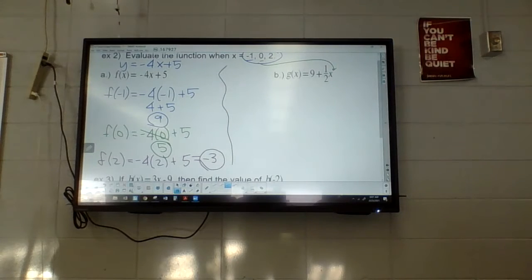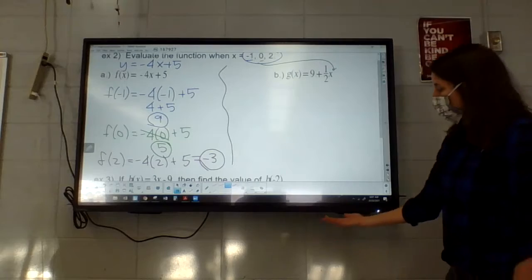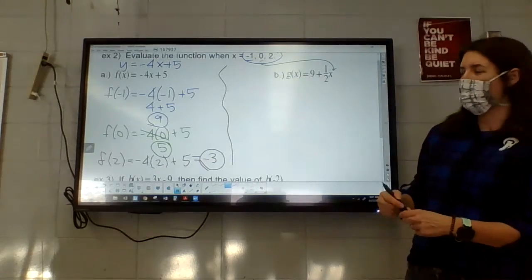Putting those different values in for the x in this function. And that first one's probably the toughest one.